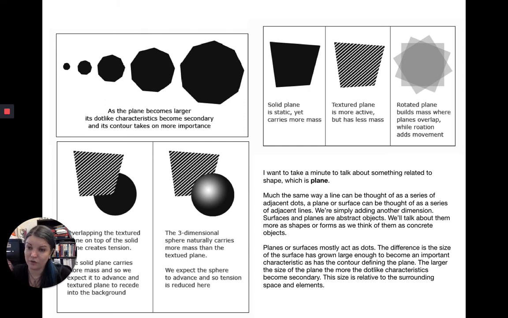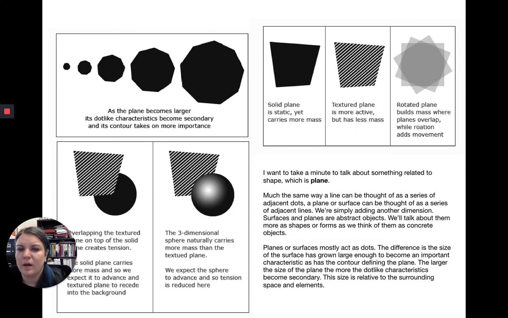So planes, which can also be called surfaces, or facets, are abstract objects. We talk about them just as part of a shape or form, and use that word shape or form more than we hear the word plane, but I think it's important to understand the connection between them.